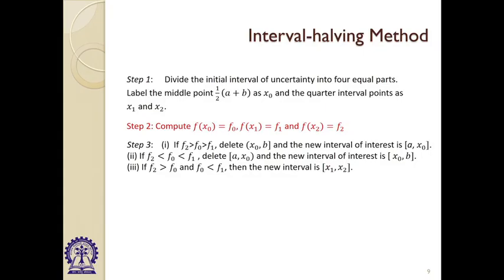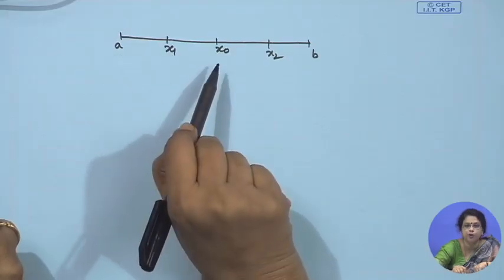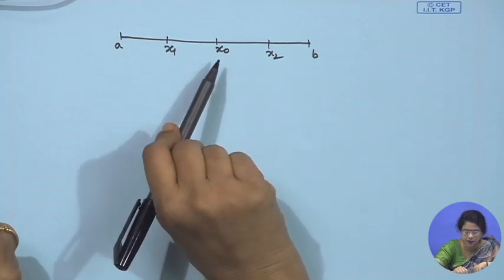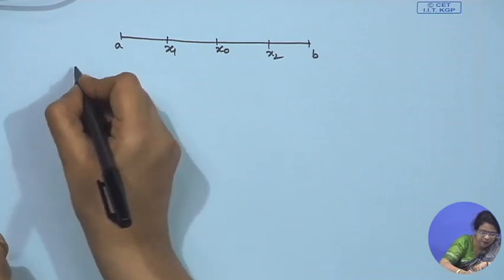We can see here that x0 is the middle point of AB, x1 is the middle point of A and x0, and x2 is the middle point of x0 to B. Just look at the methodology we have written here.